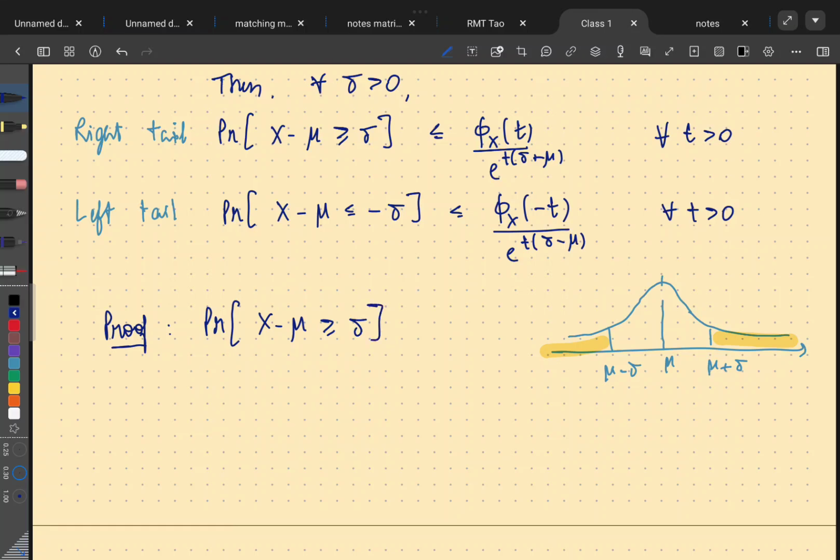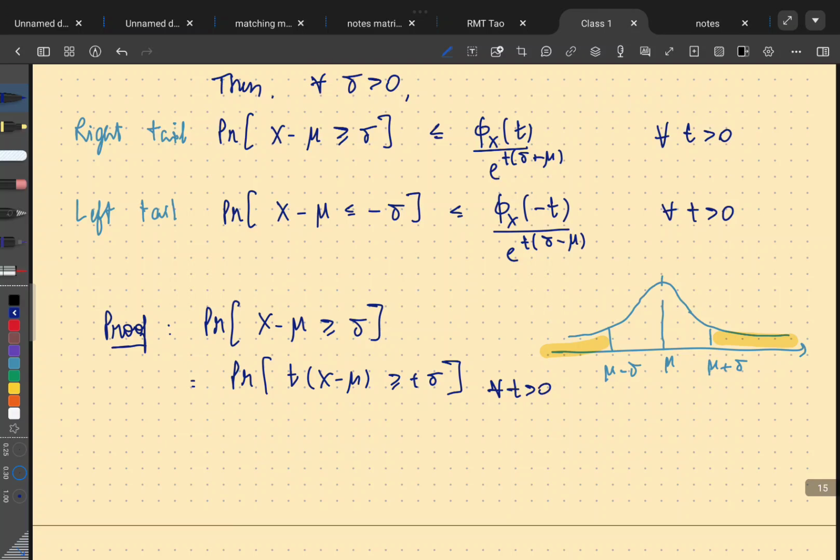This is equal to the probability that t times x minus mu is greater than or equal to t times delta, for any t greater than 0.